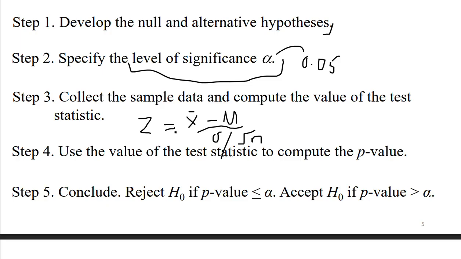What this z value basically is doing is it's going to measure how compatible our sample average is to the population average, taking into consideration the effect of the standard deviation and the sample size.